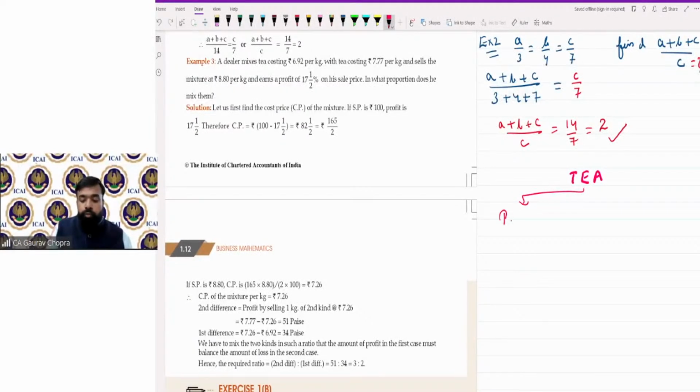The price of the first variety is 6.92 and the price of the second variety is 7.77. These are the two prices, and he sells the mixture. After mixing these two varieties of tea, the selling price is 8.80.